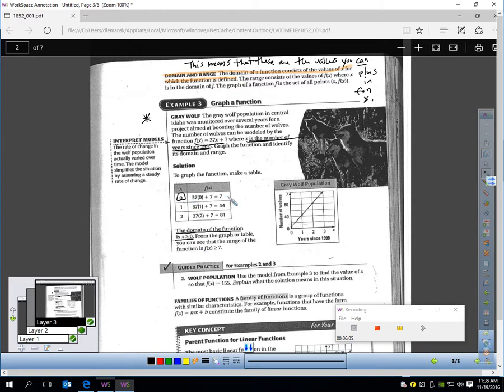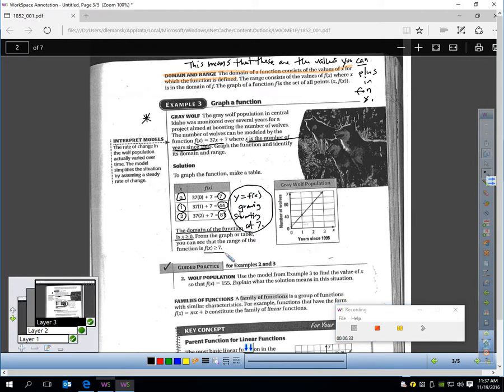Okay, so now look at the table. I plug in 0 and I get an output of 7. And I plug in 1 and I get an output of 44. And if I plug in 2, I get an output of 81. Do you notice how the y values, which right now is f of x, keep growing starting at 7? So let's write that. These keep growing starting at 7.